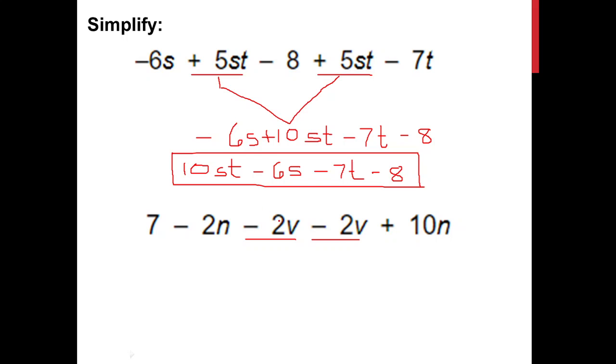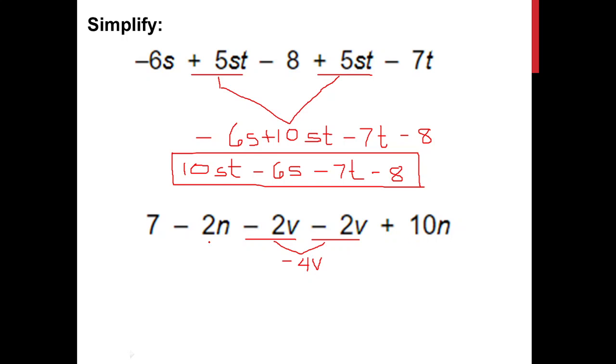If we have two like signs, all we need to do is to add the two integers and copy the sign of the two integers. So negative 2 and negative 2 will give us negative 4. And then copy the variable, because in adding and subtracting, we only need to add or subtract the numerical coefficient.